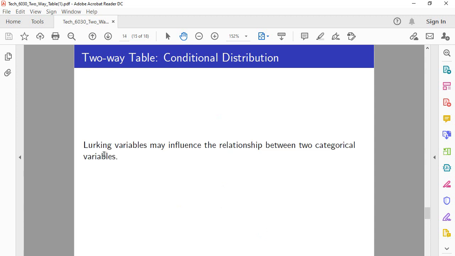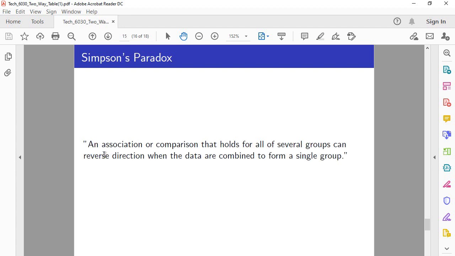All right, so this is the last topic here. Lurking variables may influence the relationship between two categorical variables as well. So we have Simpson's paradox, and I am writing this exactly as it is in your textbook.